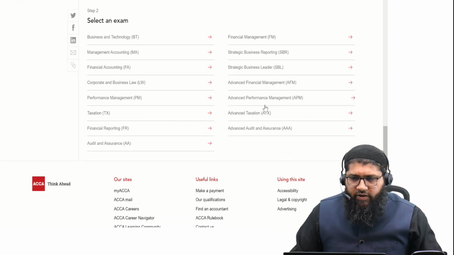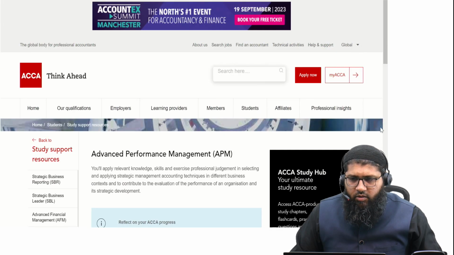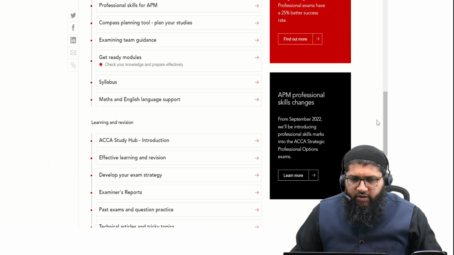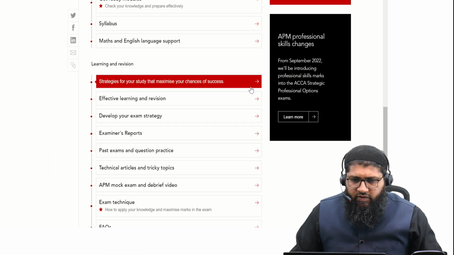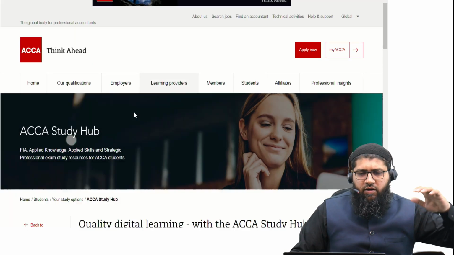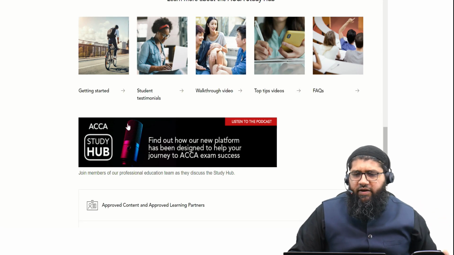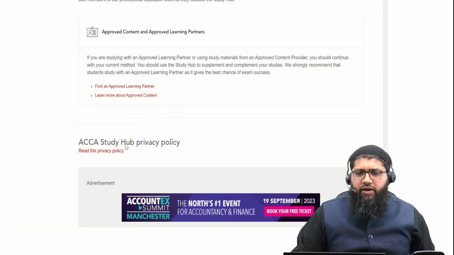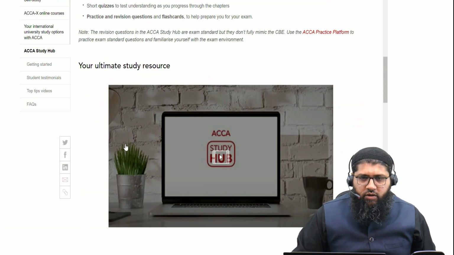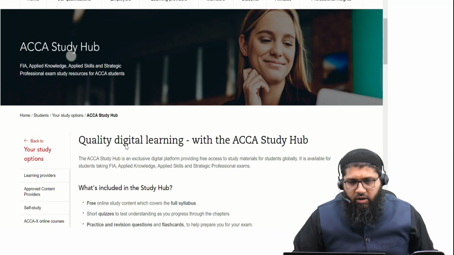Say ACCA qualification, let's say APM. And then there's this ACCA Study Hub. So as a student, you can go on to this. There are ACCA books also available, and multiple other things. So you could just go on to that and review it. That's what the Study Hub is all about.